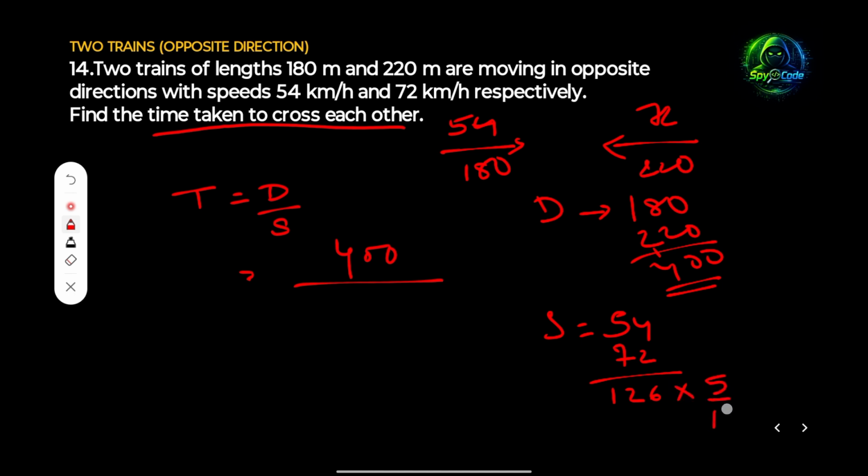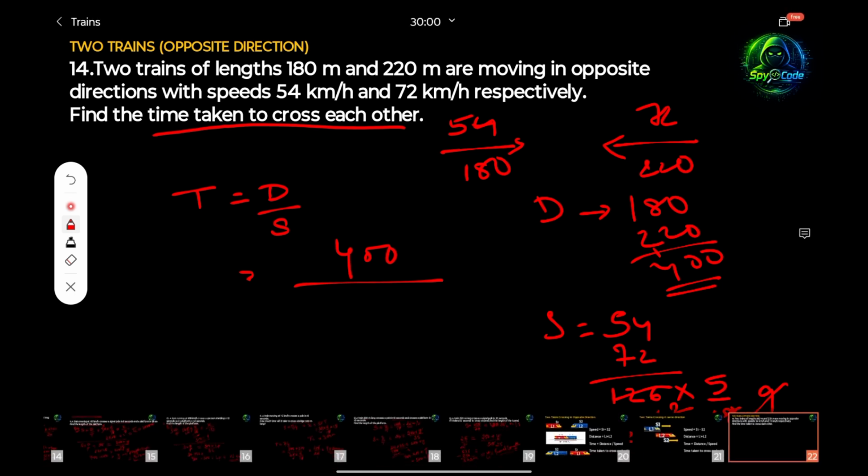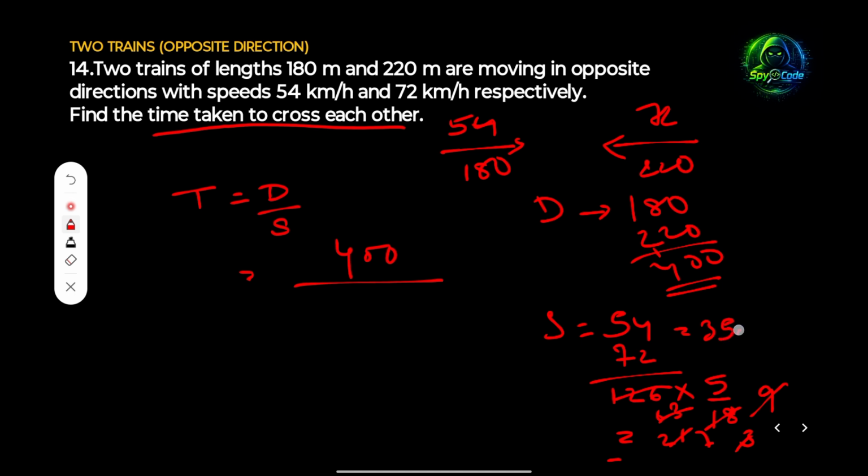So 126 kilometers per hour, we need to convert it into meters per second, so multiply by 5 by 18. Let us solve this: 126 times 5 divided by 18 gives a speed of 35 meters per second. Then 400 divided by 35. When we divide this, we'll get around 11.4 seconds.